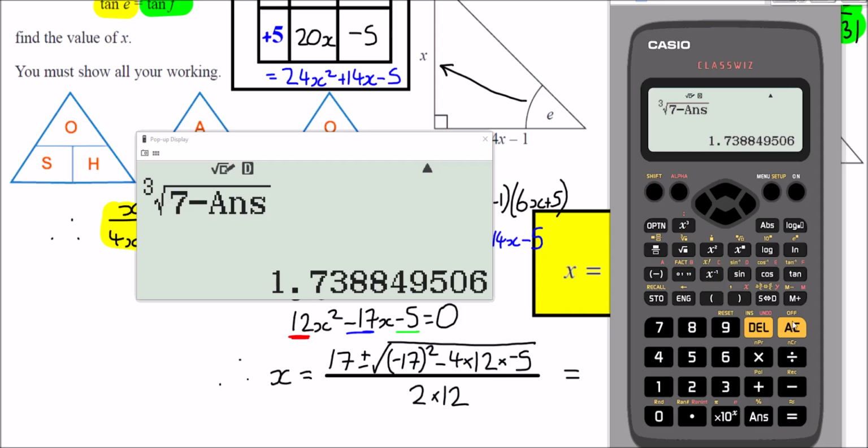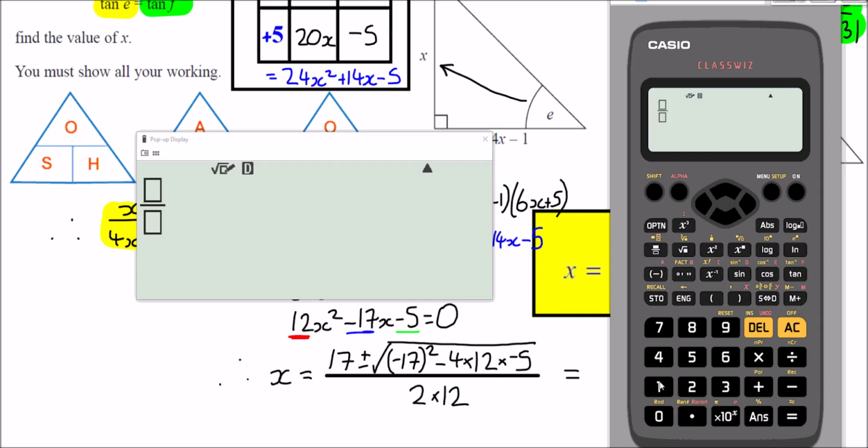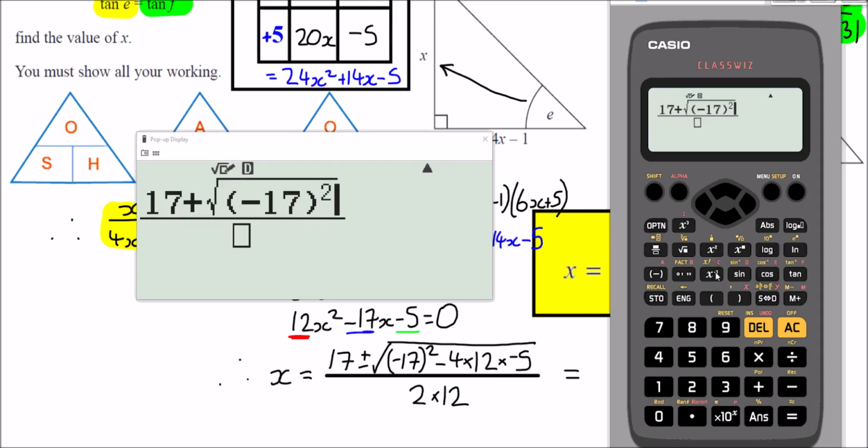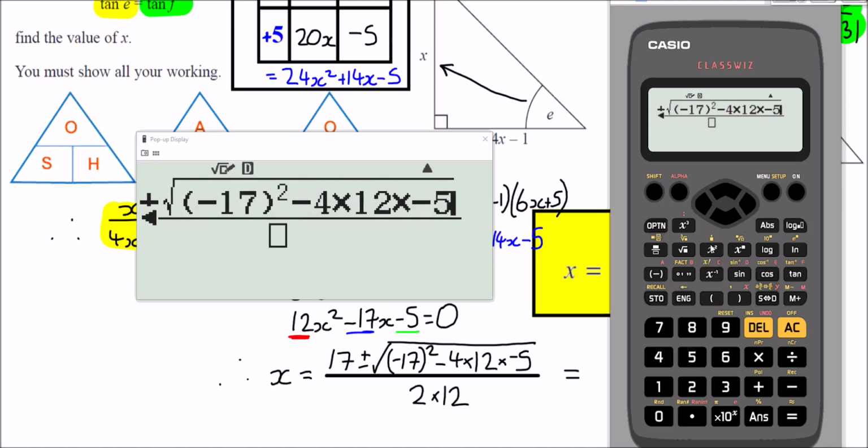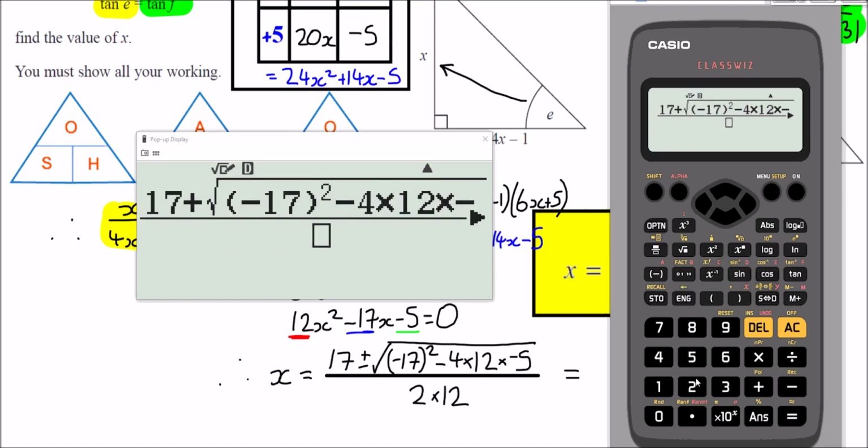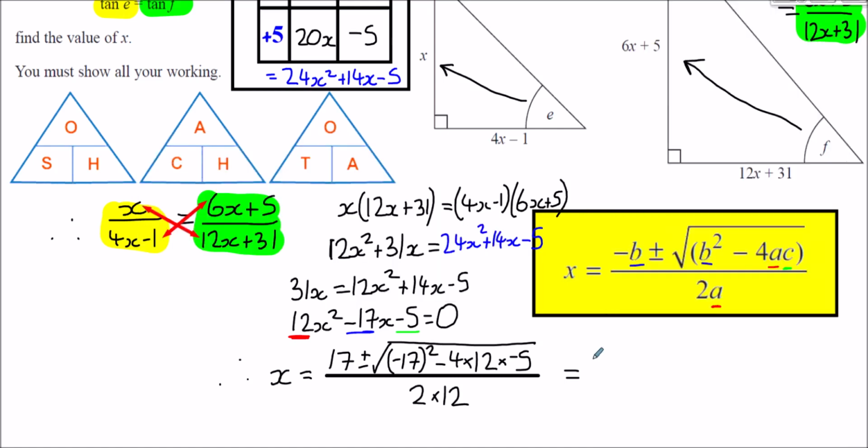So if we try this, let's try the plus option first. So plus the square root of minus 17 squared minus 4 times 12 times minus 5, all of that divided by 2 times 12, I get 5/3.